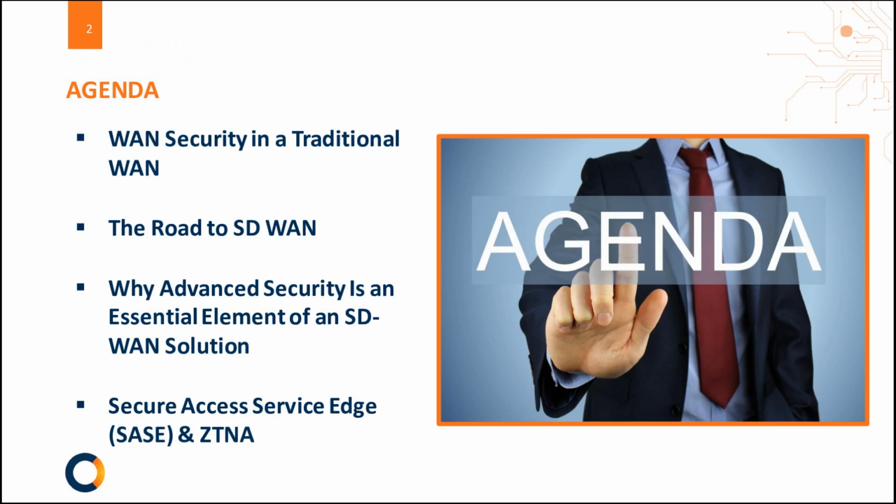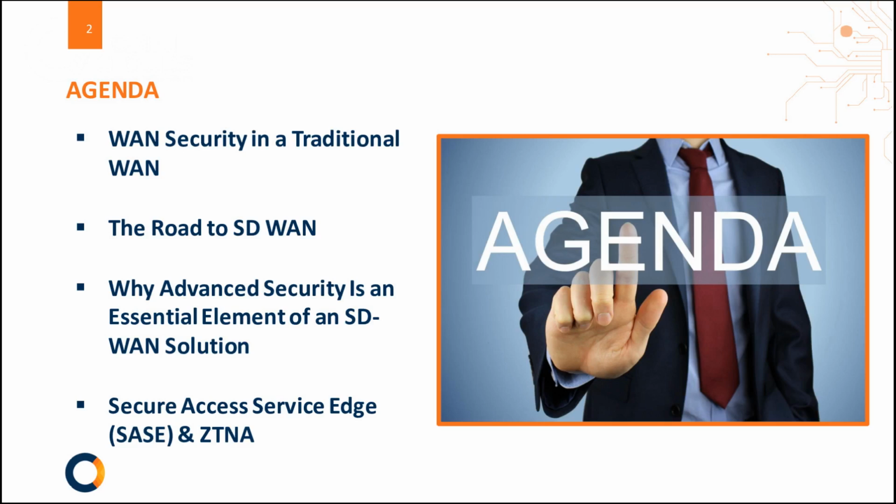Then we will look into the issues or the factors that led to the SD-WAN, and also we will discuss advanced security elements that are needed for the SD-WAN solution. And lastly, we will discuss secure access service edge, SASE, and zero trust network access.